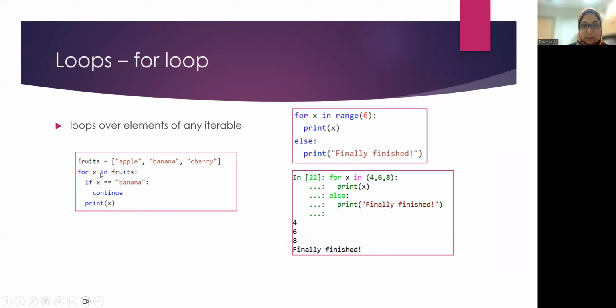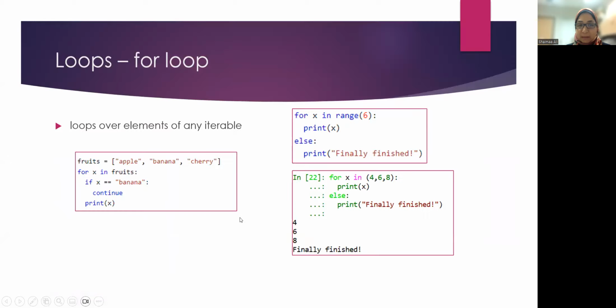It iterates over any iterable. The sequence types that we've been talking about are iterables. There are other types that can be iterated over, but at least the sequence types that we learned about, like the lists, the ranges, the tuples, and the strings, can be iterated over.